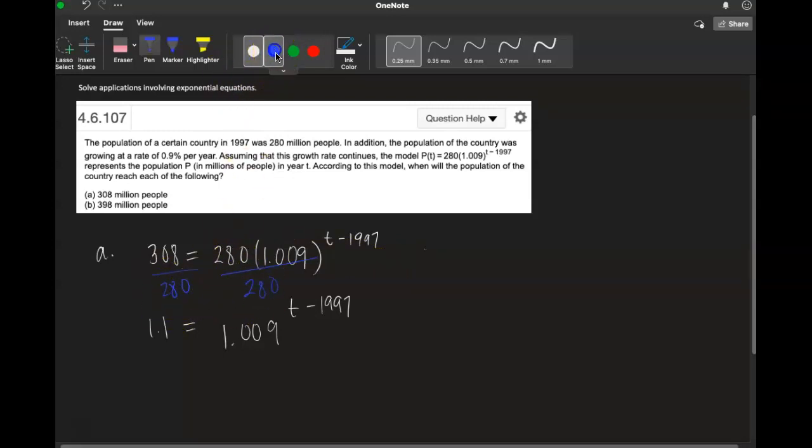Now, after this, what I want to do is change this exponential equation into a logarithmic equation. And I'm going to choose using base 1.009. So I'm going to do log base 1.009 of 1.1 equals the exponent t minus 1997. Now, as long as you have an updated calculator or even Desmos, you can type this in and get a value.